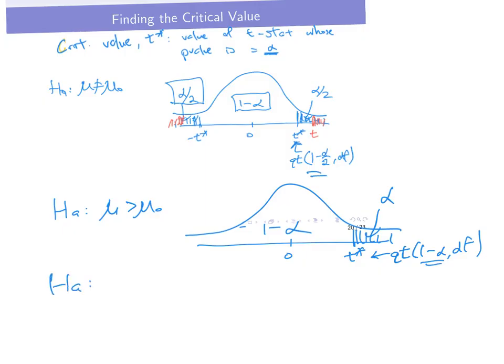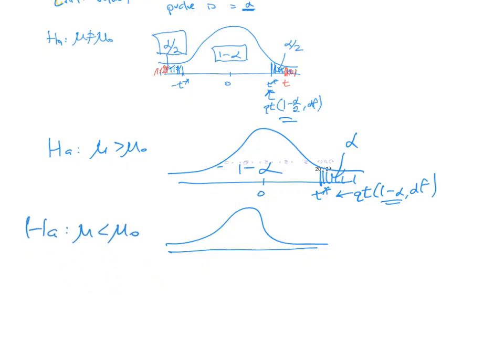If it's a left, less than, alternative, maybe let me just move this higher up. Then your t star is here. By convention, t star is usually reported as a positive value. So if it's a left-sided test, then you put negative t star, and this area here will be alpha. This value of negative t star will be found using qt of alpha, df.